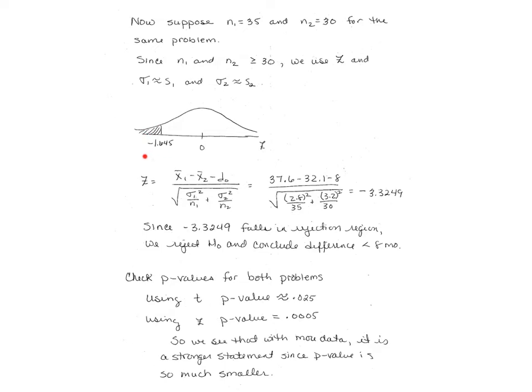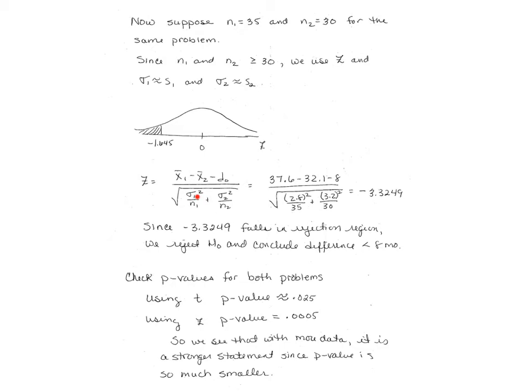We're going to see if our test statistic falls in our rejection region. To calculate the test statistic z, it's x bar 1 minus x bar 2 minus d naught, divided by the standard error for the difference between sample means, which is the square root of sigma 1 squared over n1 plus sigma 2 squared over n2.